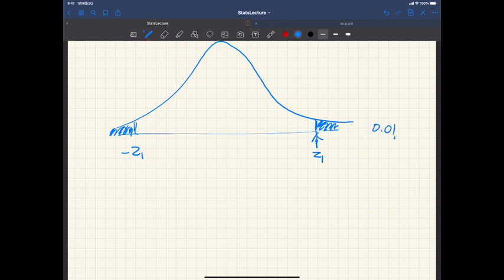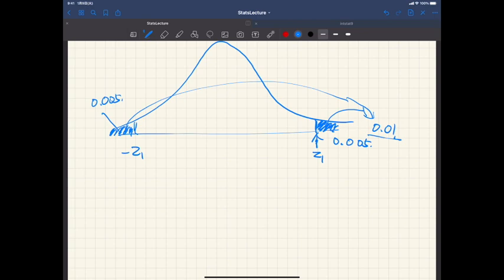This plus this, so that means this is half of this. So that is 0.005 here, and this one is 0.005 here.